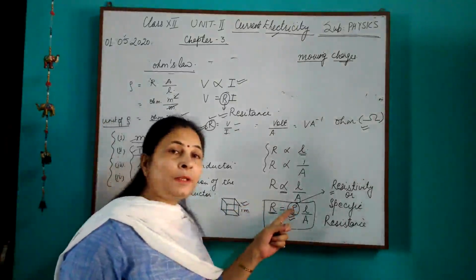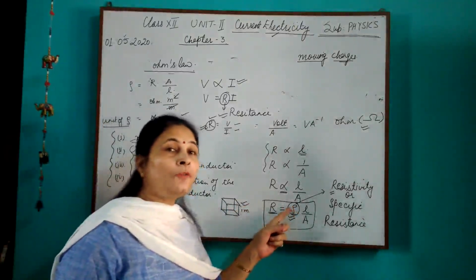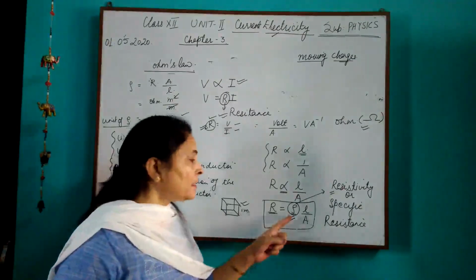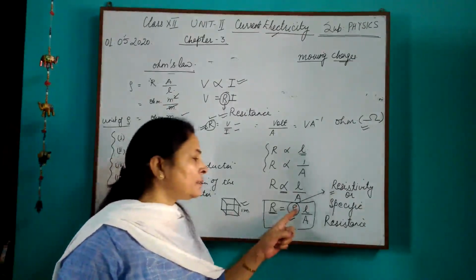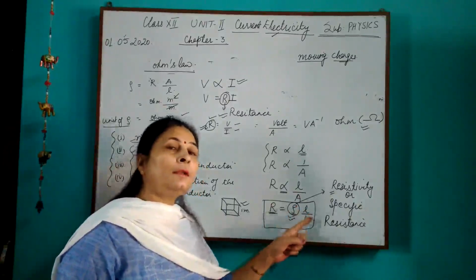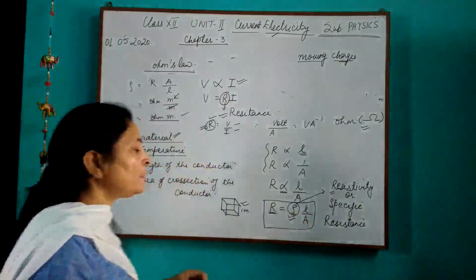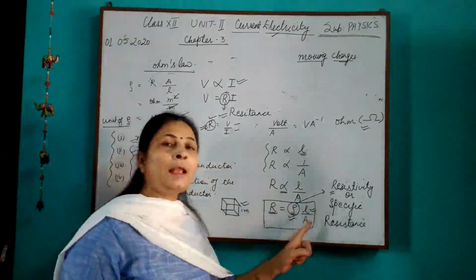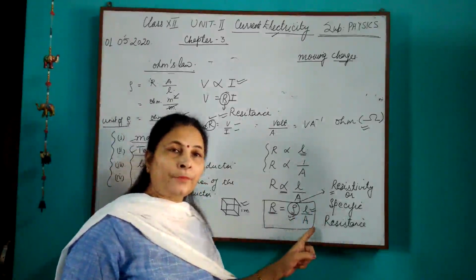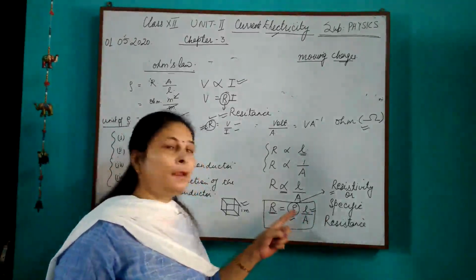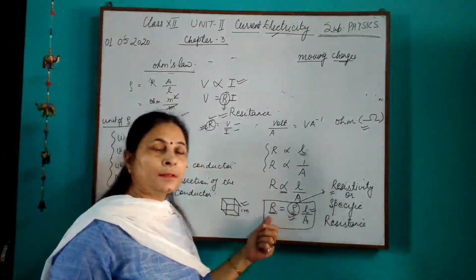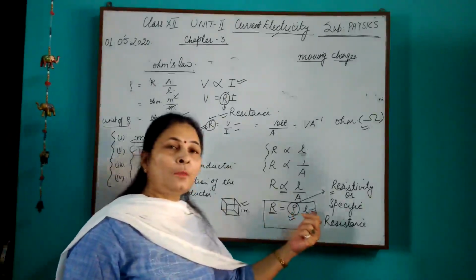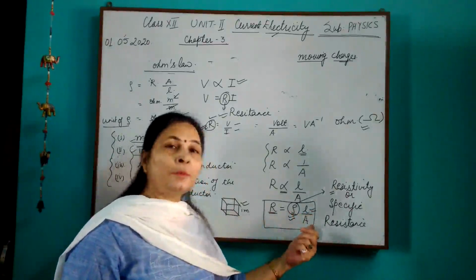Now the resistivity is going to depend on which factors. Now here from the formula of resistivity, sometimes a student writes that the resistivity will depend upon length and area of cross section also. But it is not so, since we have already fixed the value of L and A. In our definition only, what we have said, resistivity is the resistance. But whose resistance? A conductor of length 1 meter and area of cross section 1 meter square.